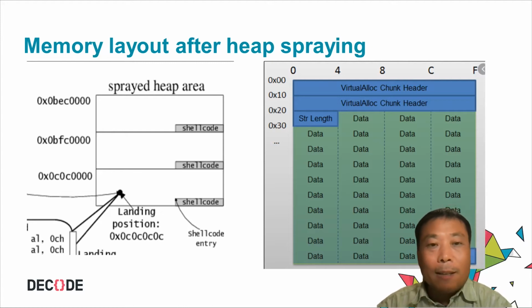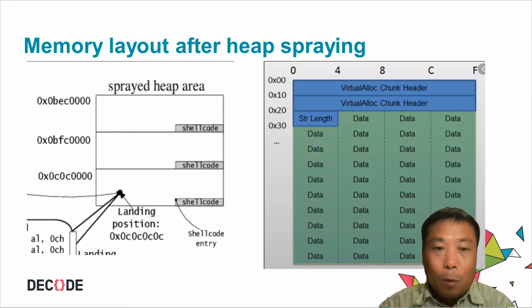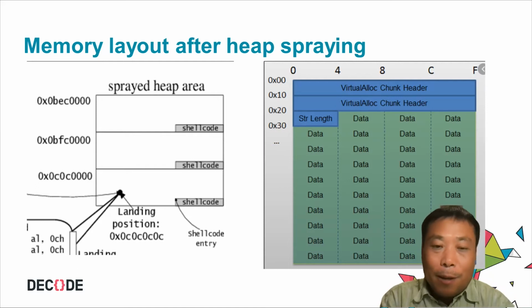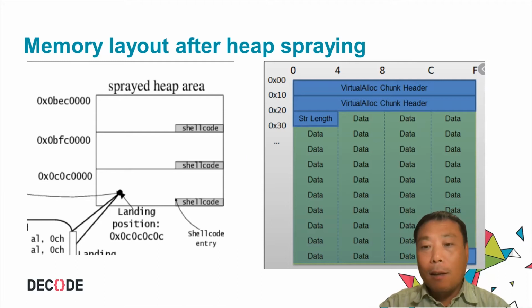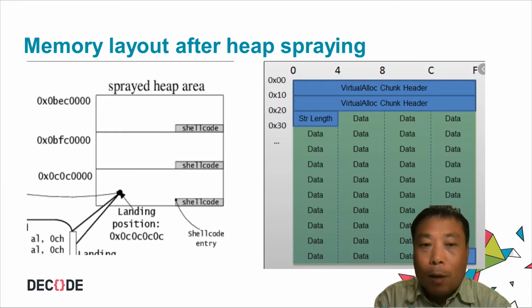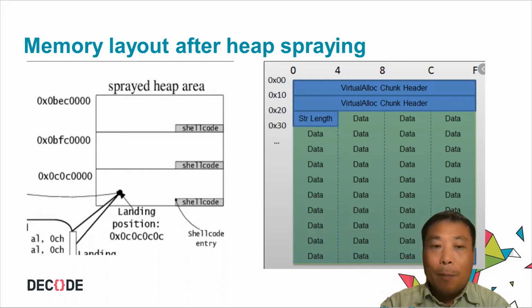So inside the string, we need to move the shellcode backward or forward until it's sitting exactly at the landing place. Once it's done, we can set the EIP to this address and make a function call on the object, and it's very likely it's going to change the code flow to our shellcode. It's simply easy, right?